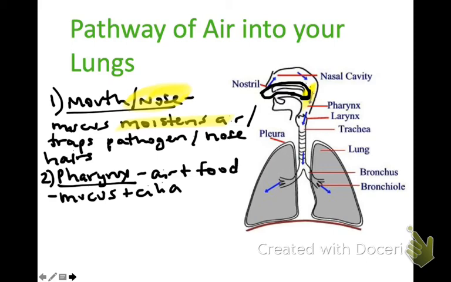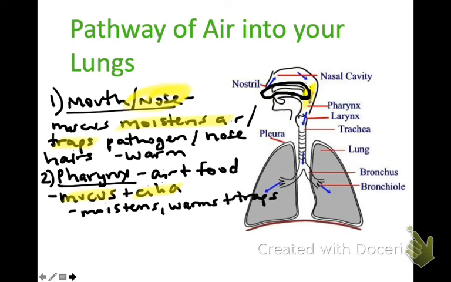But it moistens, and it traps the pathogen. So the mucus moistens, and then the cilia traps. Another thing that's happening throughout all of this is the air is getting warmed. So I'm just going to list it one more time, and then we're going to assume it happens every time. Moistens, warms, and traps.